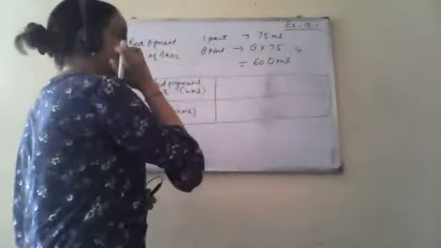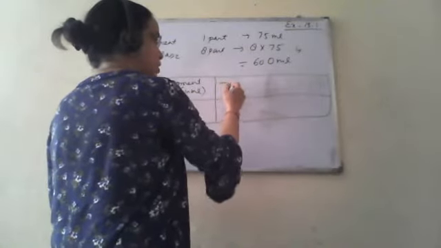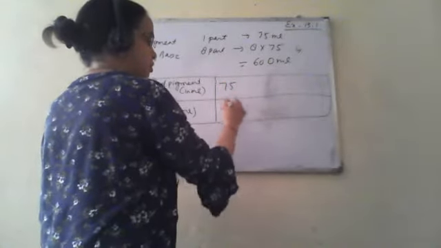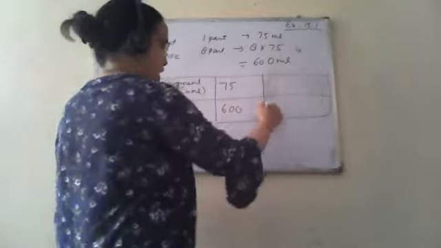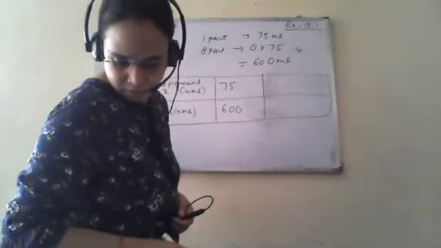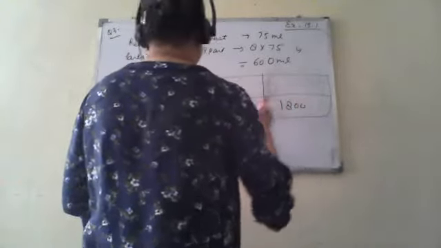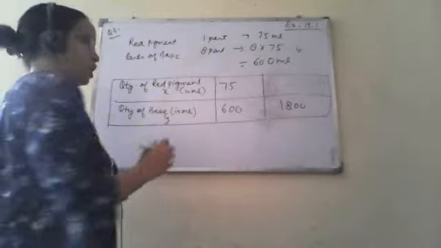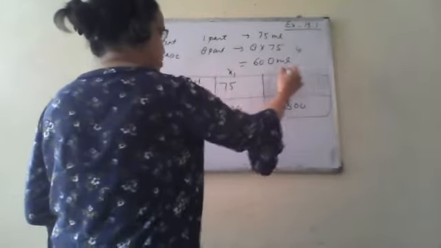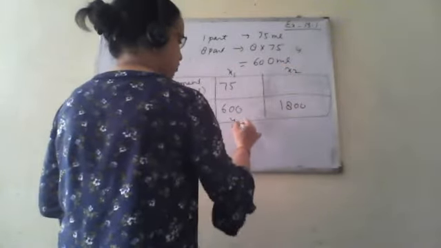So for 75 ml of red pigment, we have 600 ml of base, and we have to calculate for 1800 ml of base, what is the quantity of red pigment required? So for this corresponding, this is x1, this is x2, and this is y1, and this is y2.